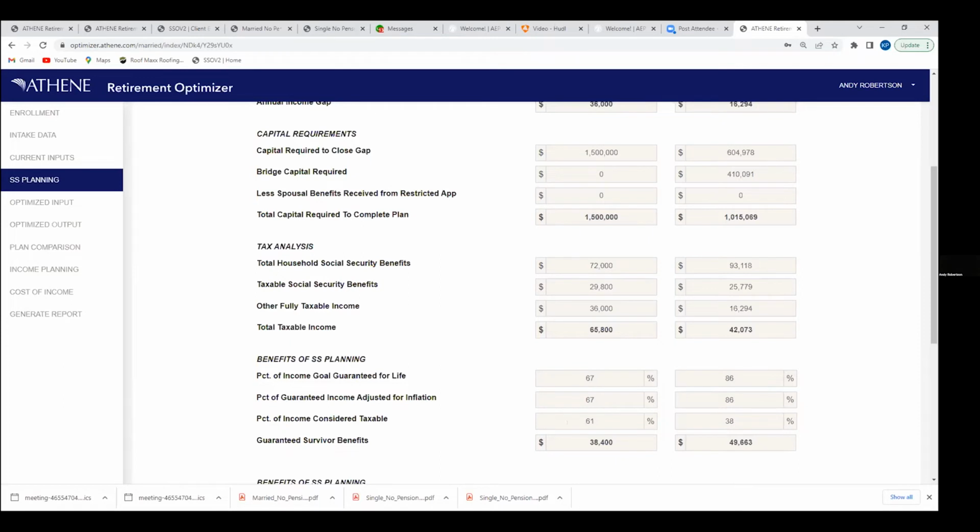And then percentage is considered taxable, 61 versus 38. What's the driver of that? Plan becomes more heavily weighted in Social Security. Tax efficient Social Security is what drives down the overall taxability of the plan. And then lastly, the survivor benefit, right? So if you move forward with your plan, the survivor benefit is 38.4.